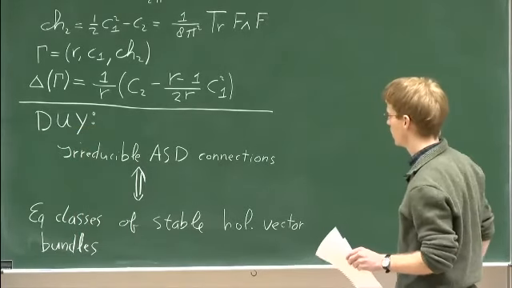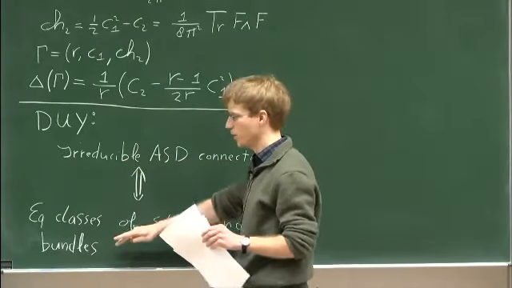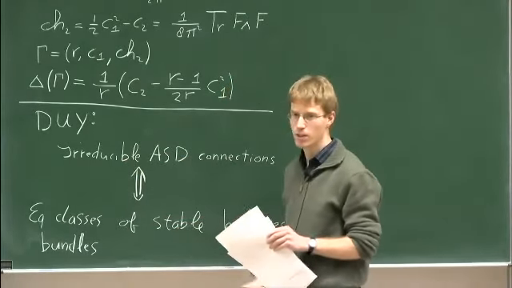And then if they are reducible, you get bundles which are polystable but not stable.